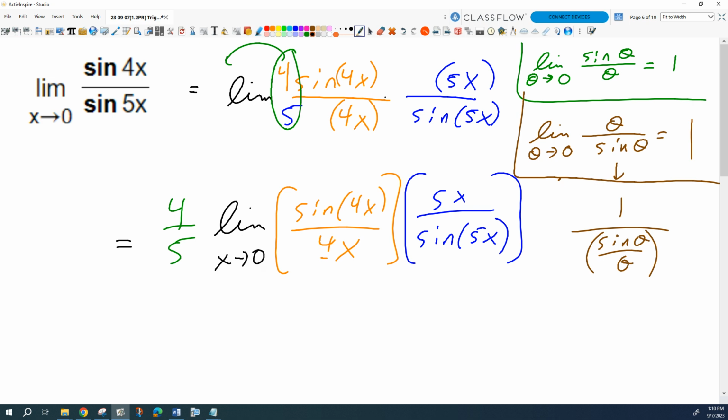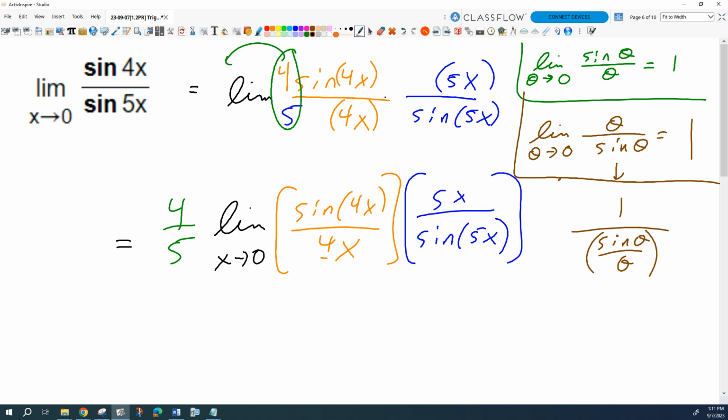But I can separate this into two separate limits, right? The limit of a product is equal to the product of the limits. So I could make this a separate orange limit and blue limit as x approaches 0. The limit of orange times blue as x approaches 0 is the same thing as the limit of orange as x approaches 0 times the limit of blue as x approaches 0.